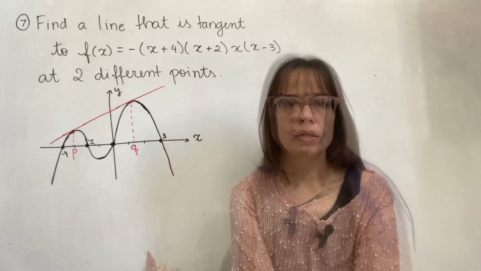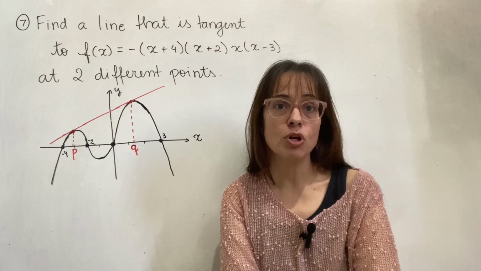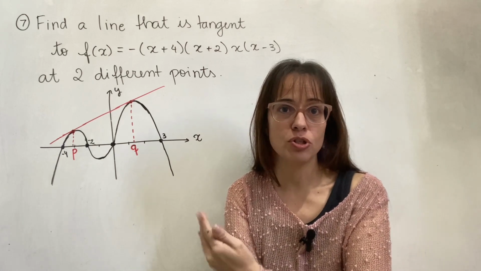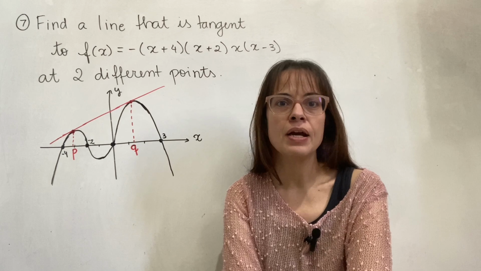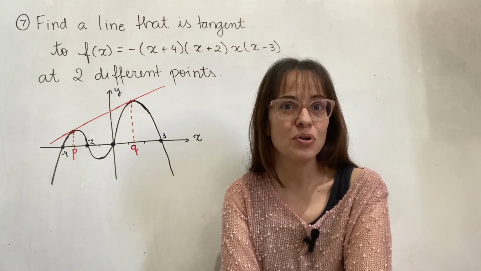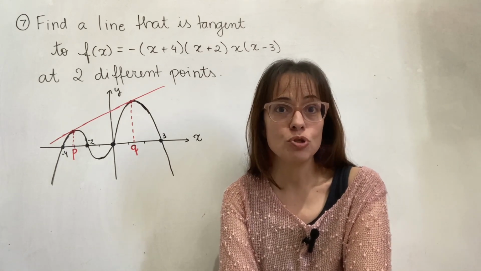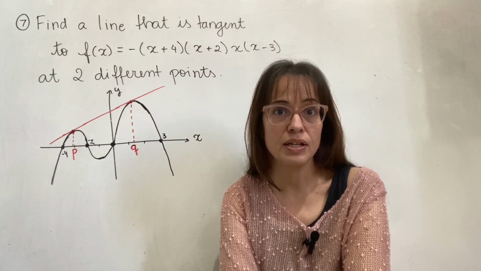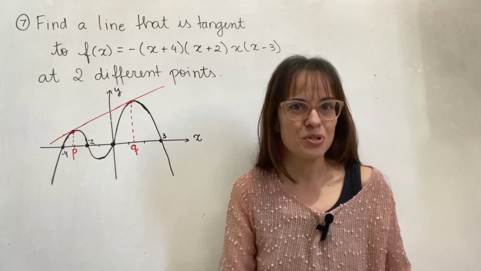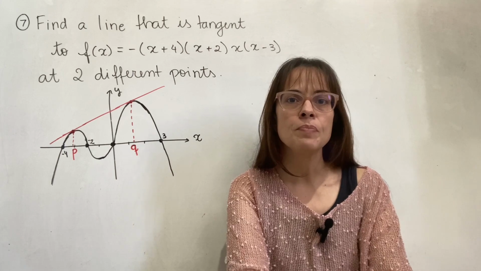Now, don't get me wrong, I'm not trying to tell you that you should consider this problem easy. I do know that it's difficult, but I want you to reach the end of the video feeling that you are able to solve it, even though it's difficult.